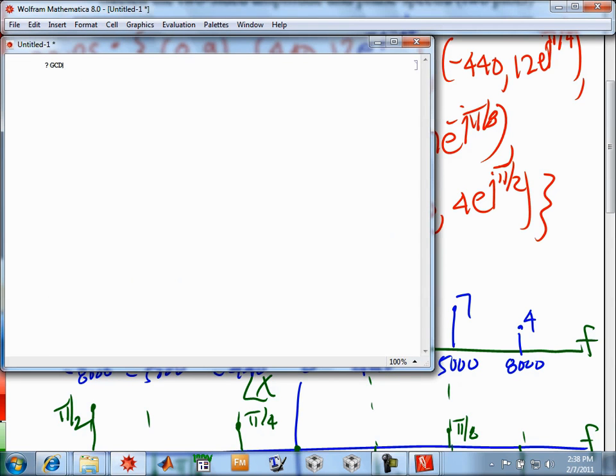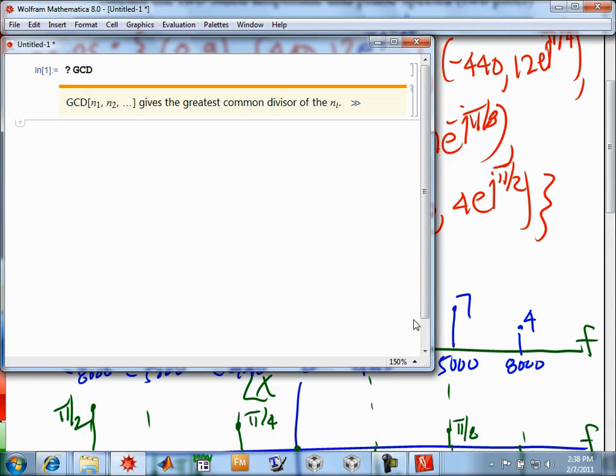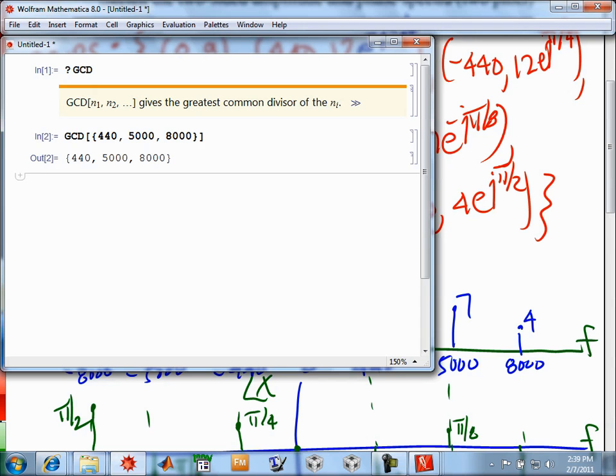No, that's okay. Let me get this bigger so we can see it better. Okay, I didn't remember in Mathematica whether it was lowercase, but it's GCD of, have to put in a list, 440, 5,000, 8,000. Wait a minute. Maybe that's not the name of the function.